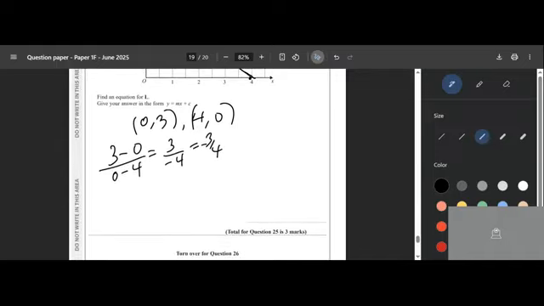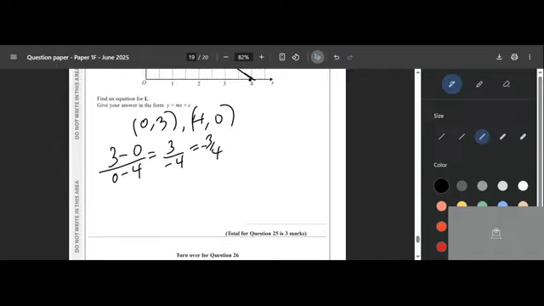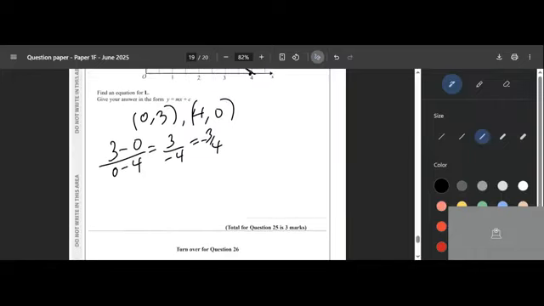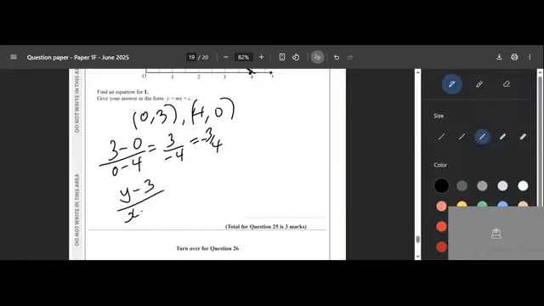Therefore, using 1 point, y minus 3 over x minus 0 should be giving me the gradient. If I cross multiply here, I will have y minus 3 equals minus 3 over 4 x, because the other one is 0.